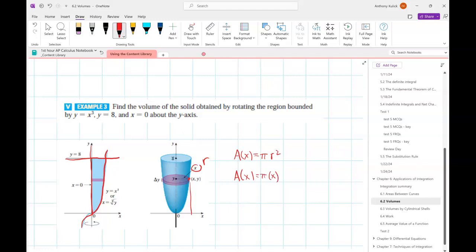The problem is, though, when we're doing our slicing, we're going to be slicing this way, right? We're going to be slicing with respect to y. So I don't want a function of x. I want a function in terms of y. So I have to rethink this now.